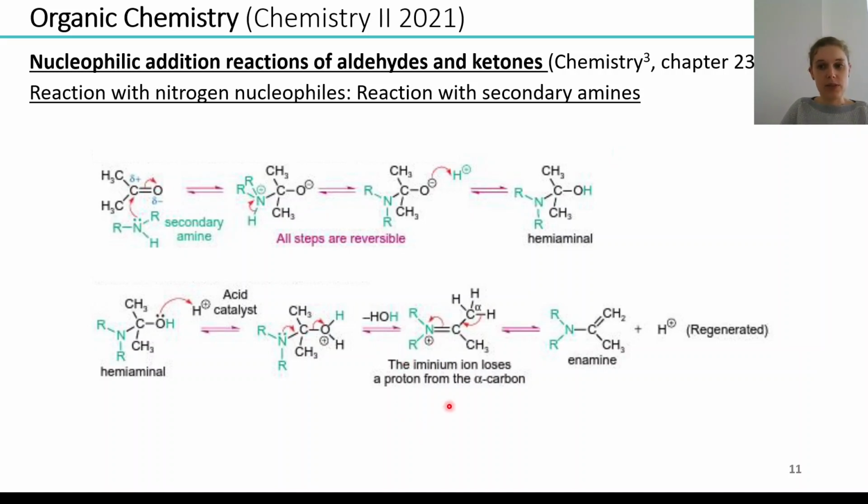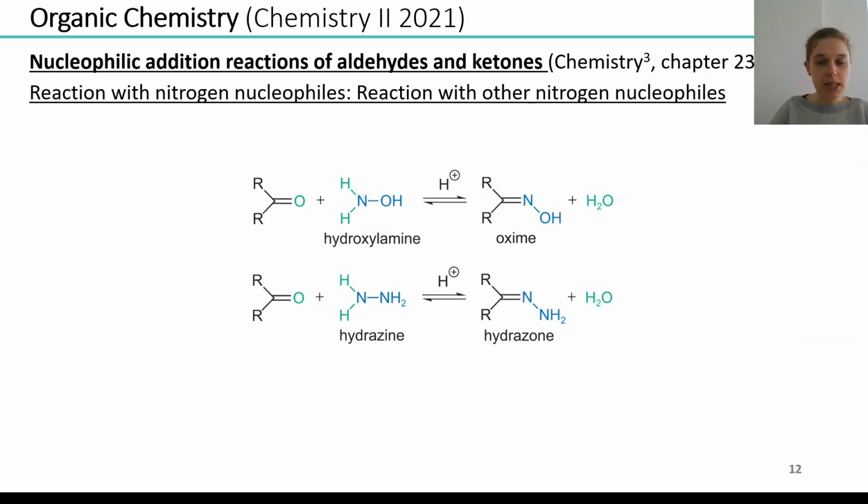However, in order to form a stable neutral molecule, the iminium ion loses a proton of a carbon in alpha position, and hereby a new carbon-carbon double bond with a nitrogen R2 substituent is formed. This molecule is called an enamine. You can see here the newly formed carbon-carbon double bond, and next to it is the nitrogen R2 group. Furthermore, our acid catalyst is regenerated.